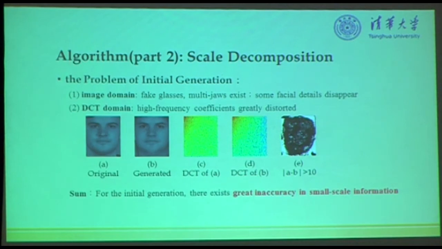From the DCT domain, we can see that high frequency coefficients have been distorted. So we could say that there exists great inaccuracy in small-scale information in the detail generation of the initial generation results.